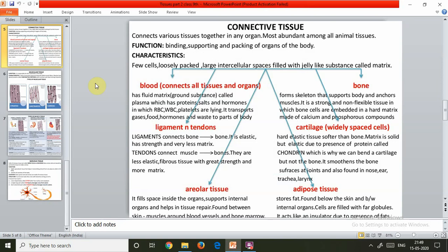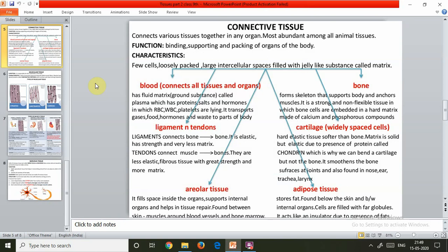Its extensive matrix is composed of proteins and is slightly hardened by calcium salts. So the calcium salts are present in the matrix of the cartilage, and its matrix is produced and maintained by the chondrocytes. Chondrocytes are a type of cells which help in the formation of the matrix in the cartilage. The matrix is solid, cheese-like and firm, but also slightly elastic.